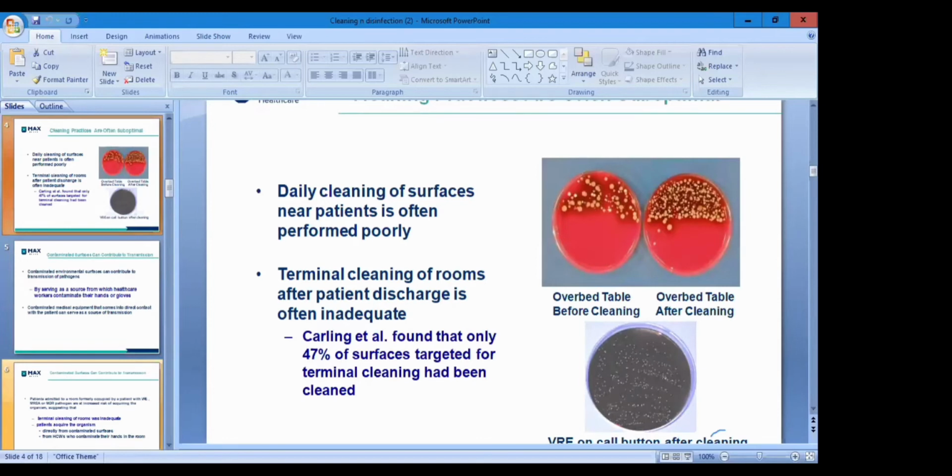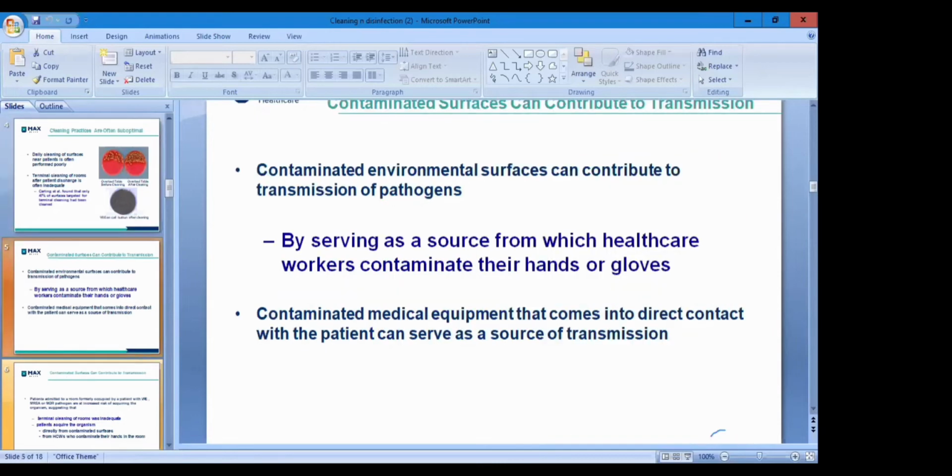Now, daily cleaning: I've already explained that most studies show that a lot of areas are not cleaned. That is why the training of housekeeping staff is the most important part. Infection control nurses have to do vigorous training around housekeeping and general upkeep.